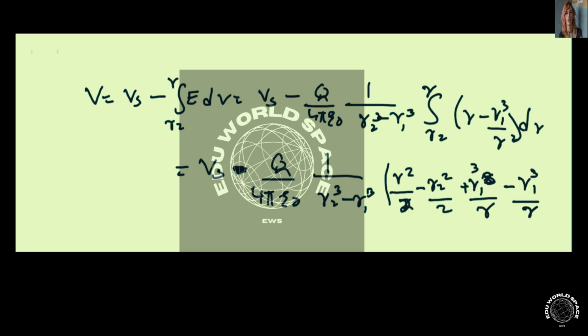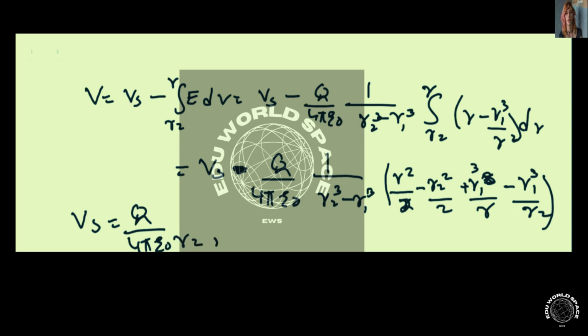The potential at the outer surface is found by replacing R by R2 in the expression found in part A. It is then given by Vs, Vs is equal to Q divided by 4 pi epsilon times R2.